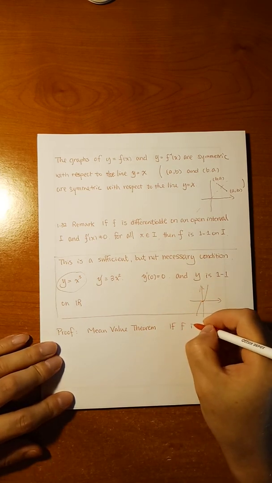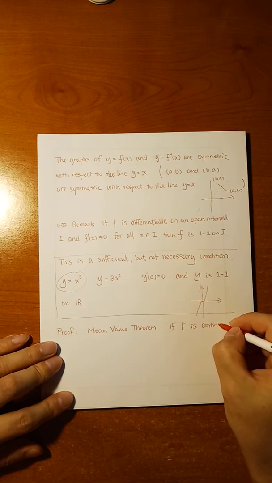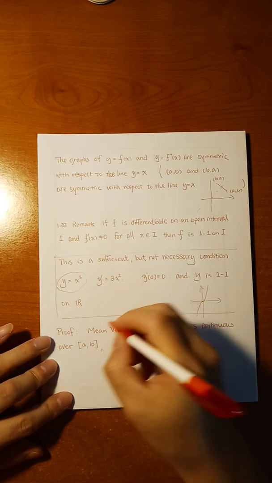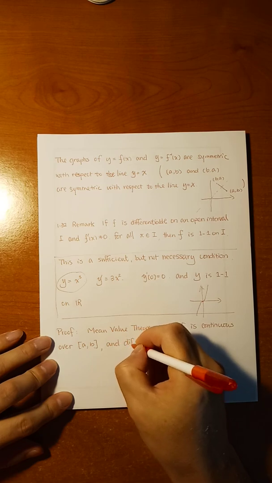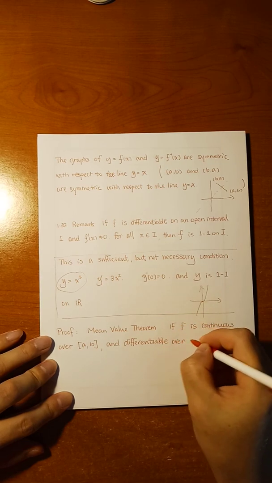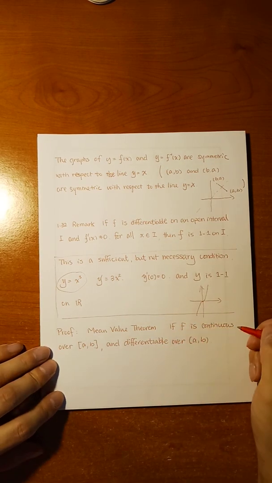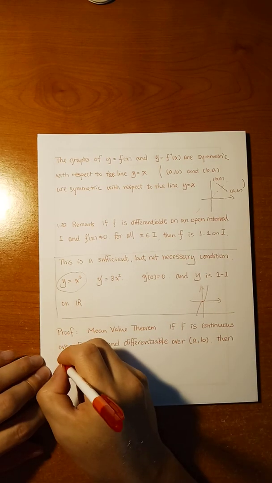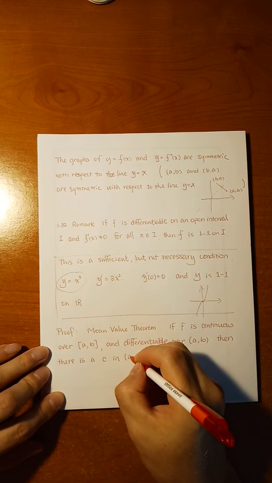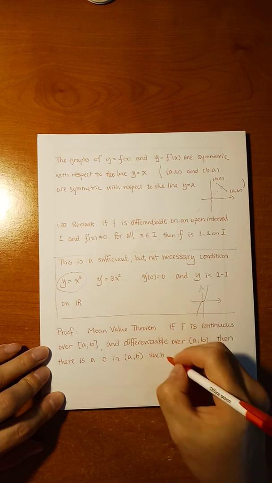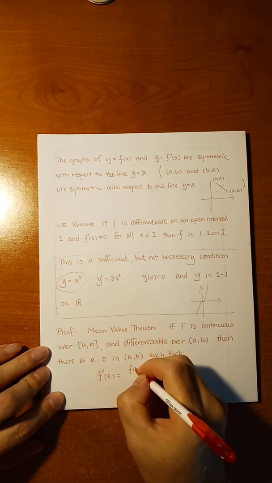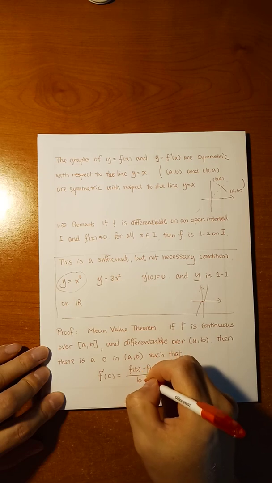If f is continuous over the closed interval [a, b] and differentiable over the open interval (a, b), then there is a number c in the open interval such that f prime of c is equal to (f(b) minus f(a)) over (b minus a).